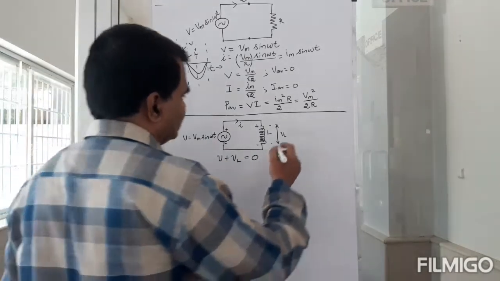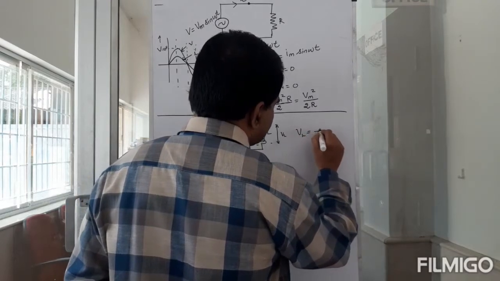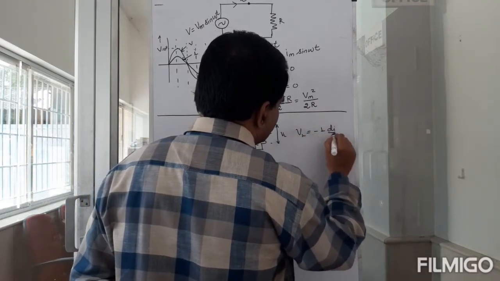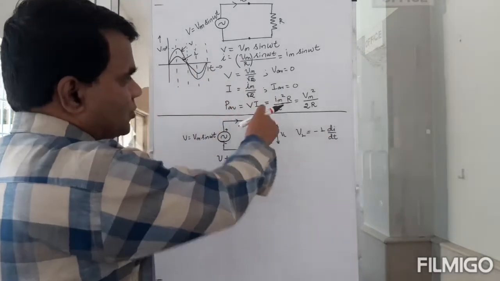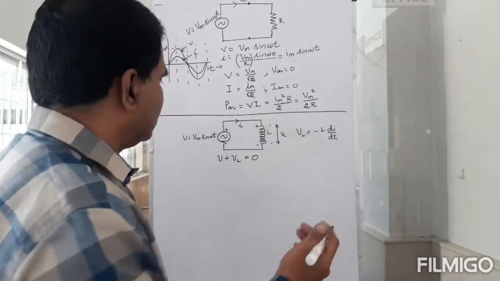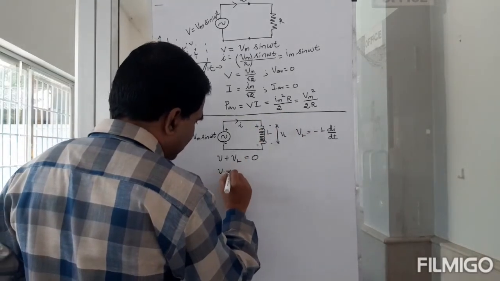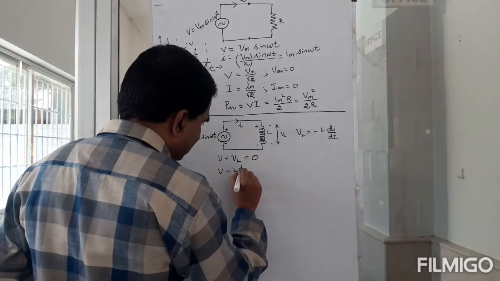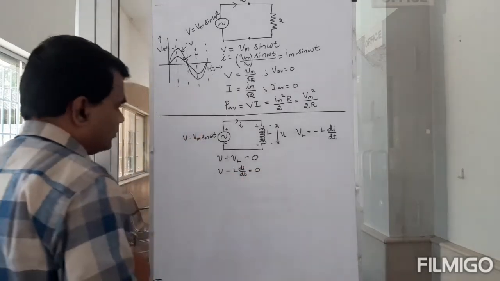But what is VL? You know that VL is minus L di by dt. That's the EMF induced. It should be minus L di by dt. So if I substitute it here, then I'll get V minus L di by dt is equal to 0.